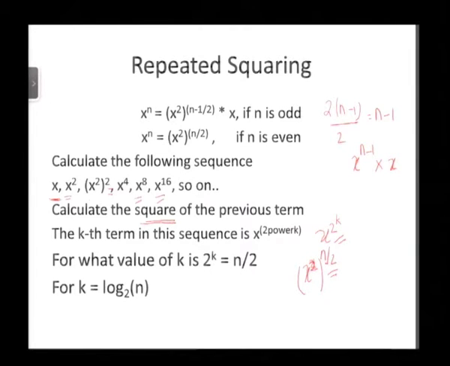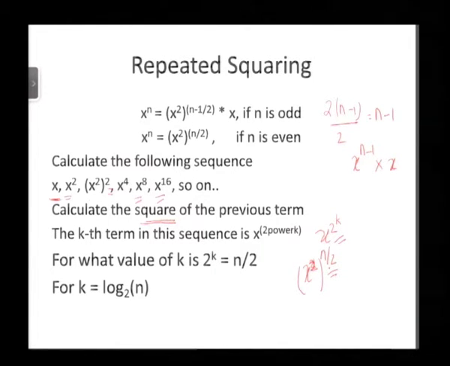That is, we calculate the value of x power n by repeated squaring, and the termination condition is when 2 power k, where k is the iteration number, becomes equal to n by 2, assuming that we start with x square.